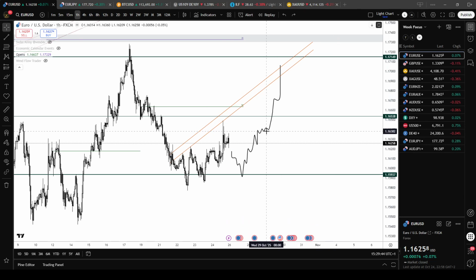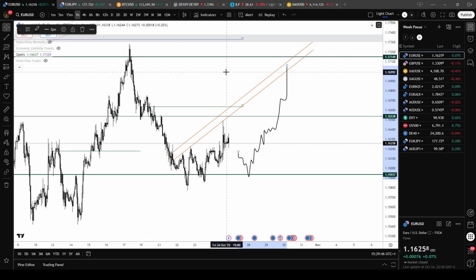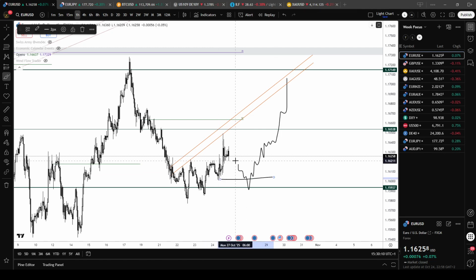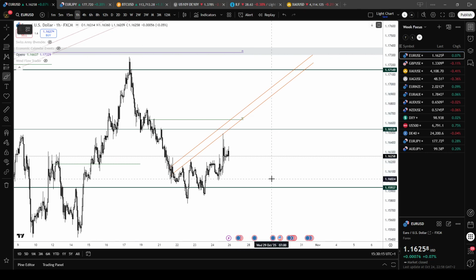Okay, I think because we sort of shifted the structure on the Thursday, I think it was on Wednesday last week, we are now bullish, and I'm expecting a low to be made either on Monday or Tuesday. I don't know if below these lows here, or maybe it doesn't need to be that deep.